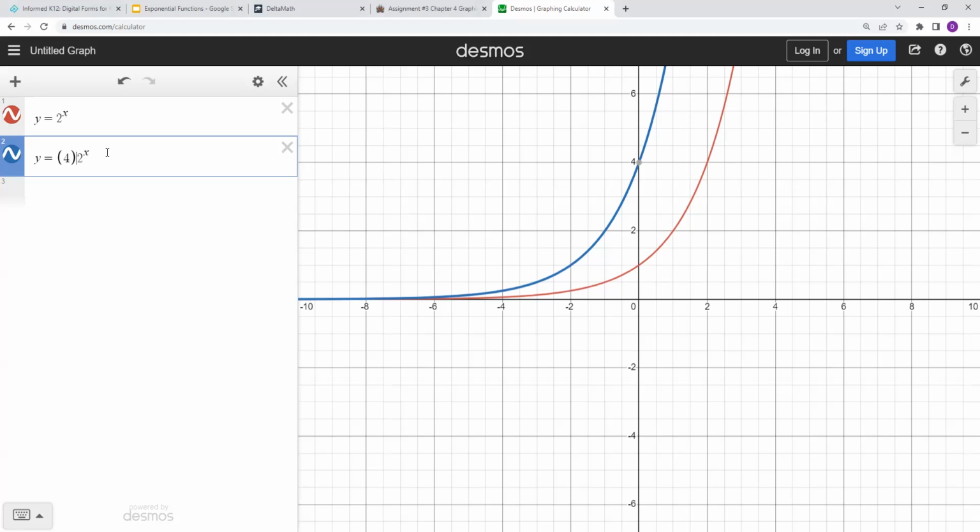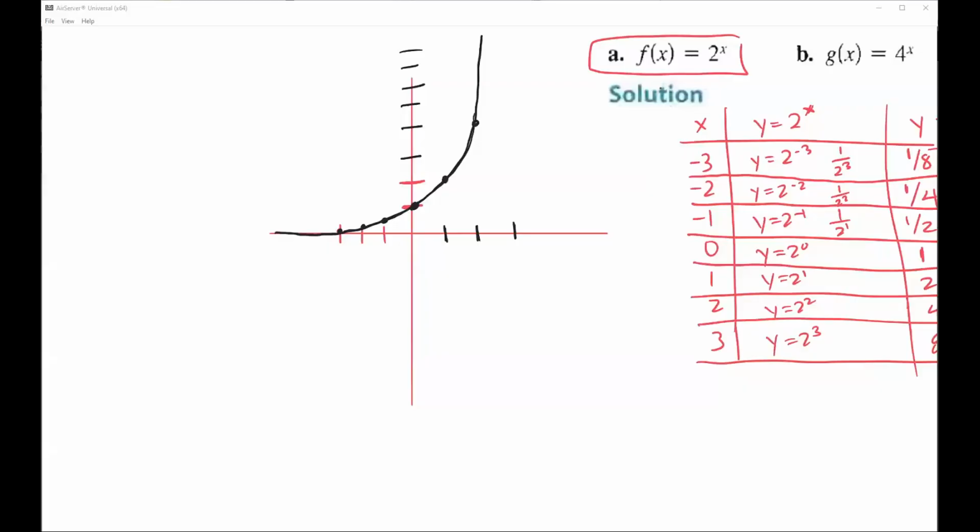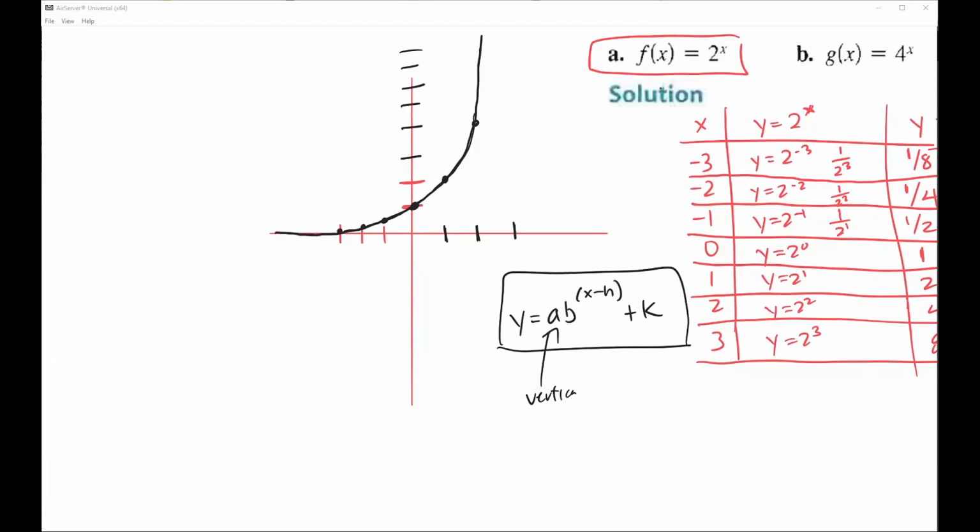So let me write that down. You have y is equal to a times b to the x minus h, plus k. The a tells you if it's a vertical stretch or shrink.